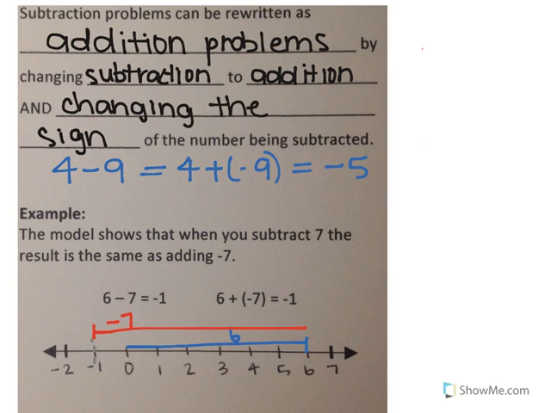We would get the same result if we subtracted 7 from 6 or if we added 6 plus negative 7. So it gives you the same result.